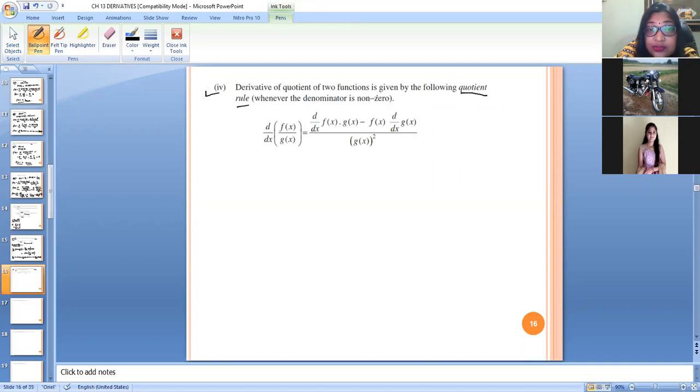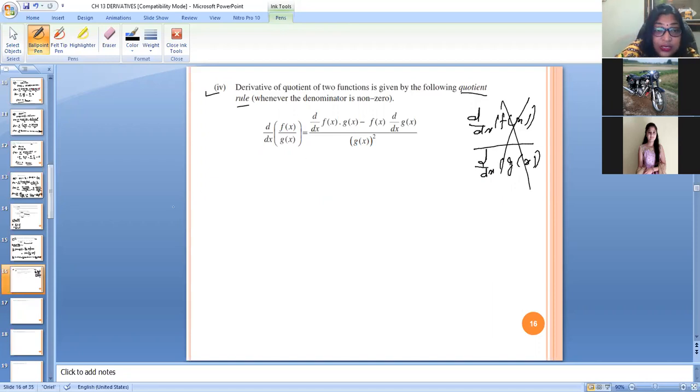The derivative of a quotient of two functions is given by the quotient rule. It is just like 2 upon 3. When we take the derivative of a quotient of two functions, the derivative of f(x) upon g(x), it will not be the derivative of f(x) upon the derivative of g(x). It will not be the same. It will be wrong.